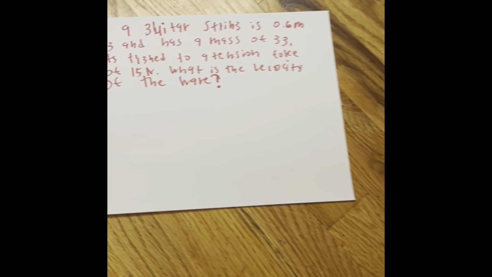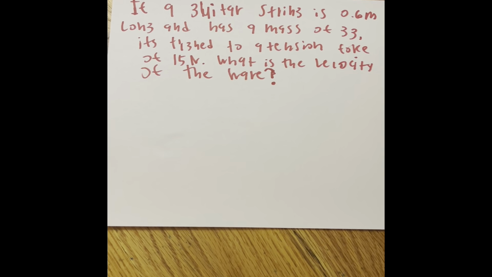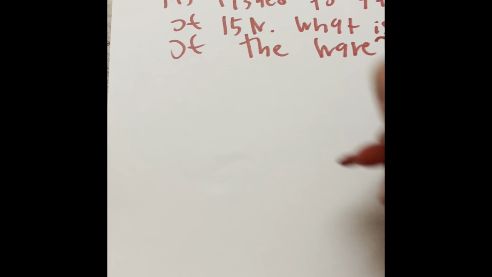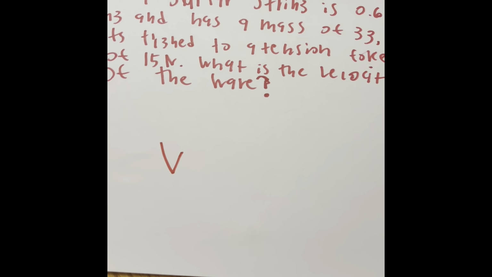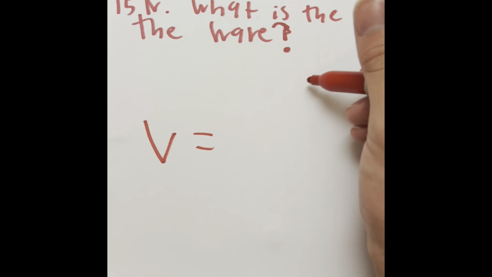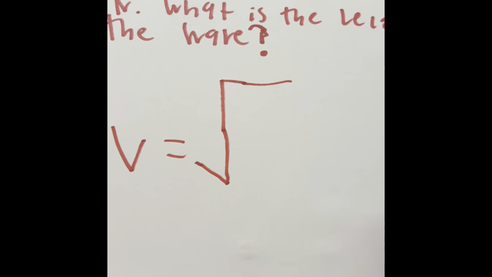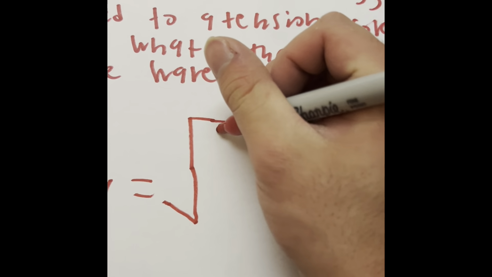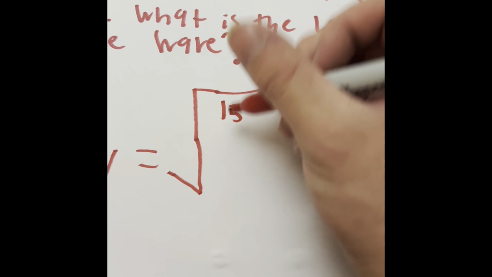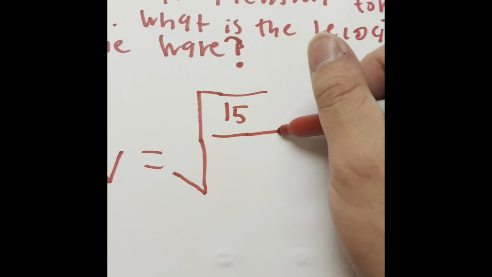Let's do the math. We're trying to find the velocity of the wave, so it makes sense that we're using the letter V. But we have to use a giant square root symbol. The tension force is 15 newtons, so we put 15 right here. We have to then divide that by the mass.